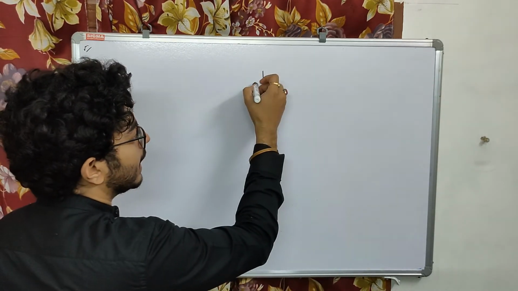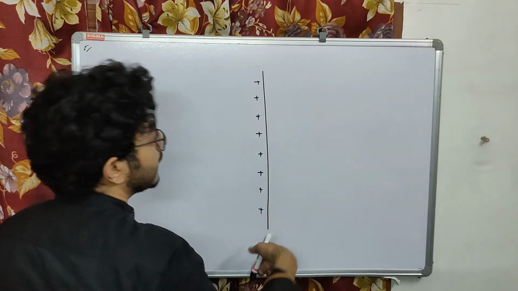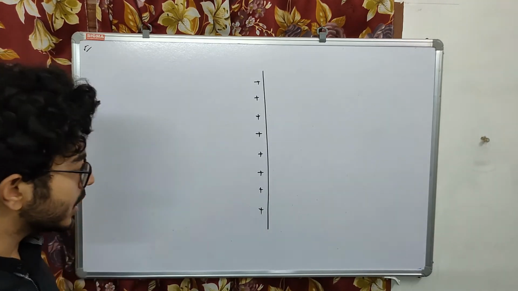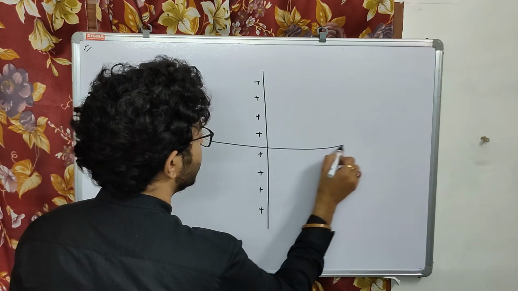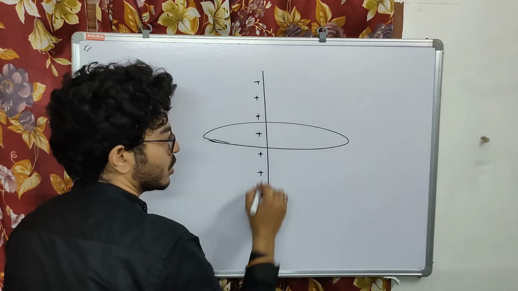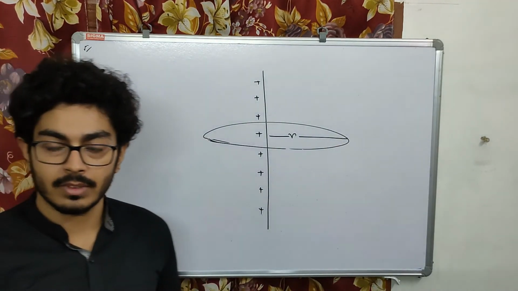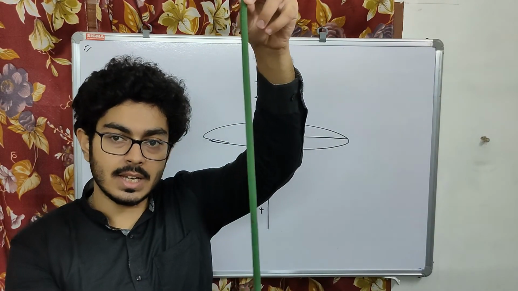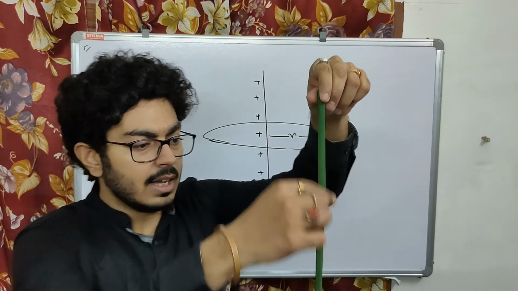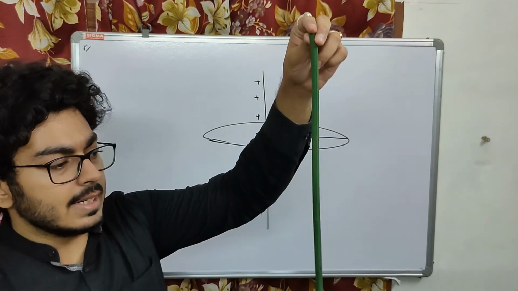This is a line charge. Line charge means a linear charge distribution, and an electron is revolving around it in an orbit, so that must have some orbit radius.